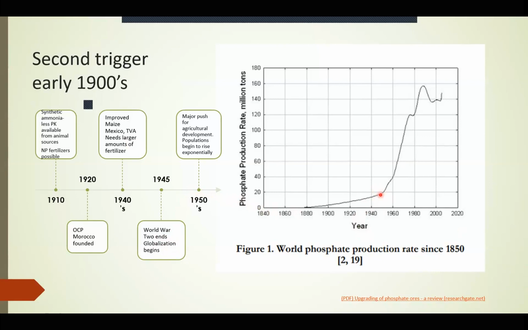It's cheaper to transport triple concentrated phosphate than single concentrated phosphate. And the fertilizer production just really starts to take off. And this is across the board with the potash. It just goes up and up and up very quickly.